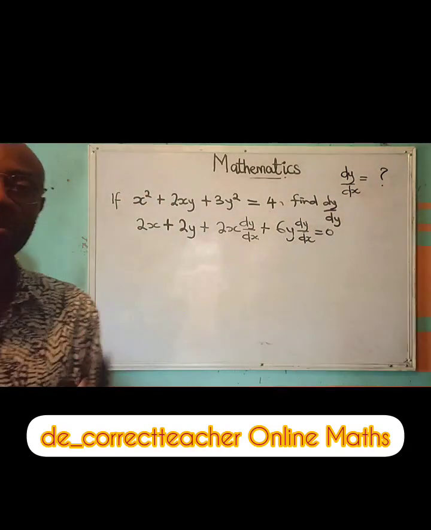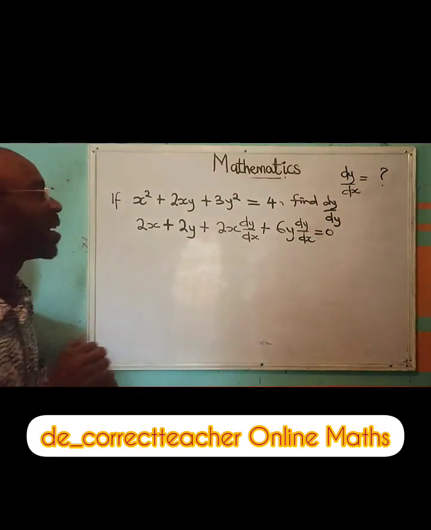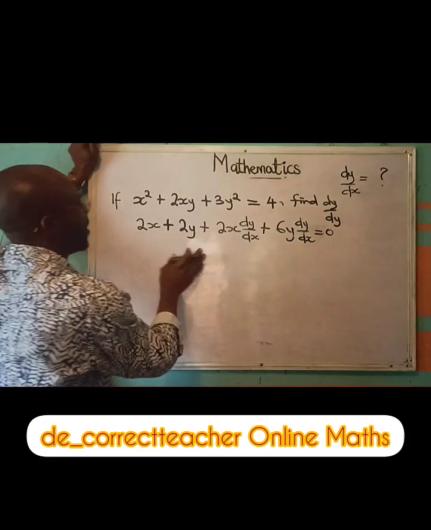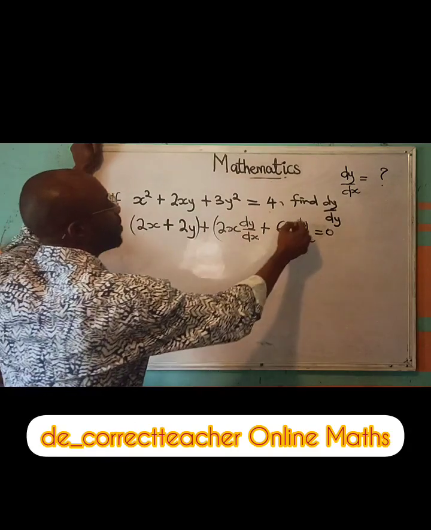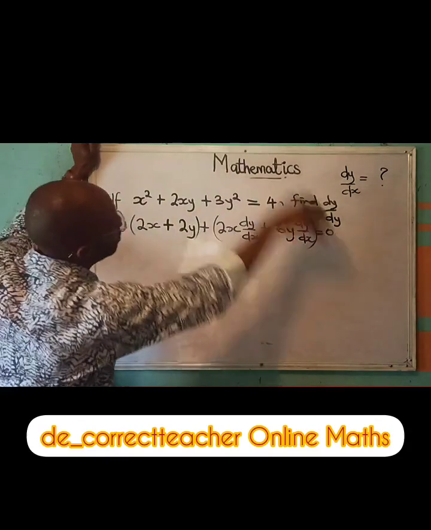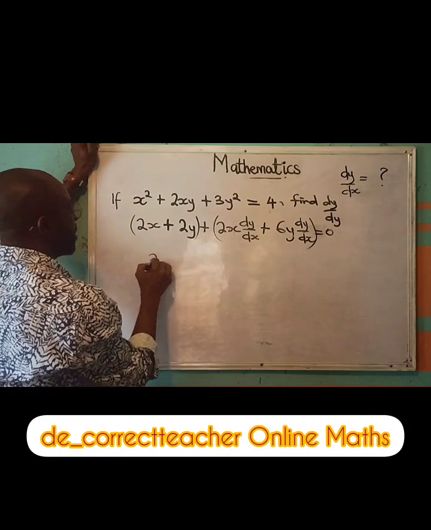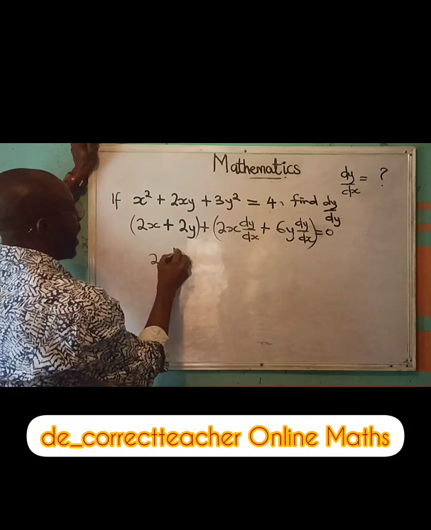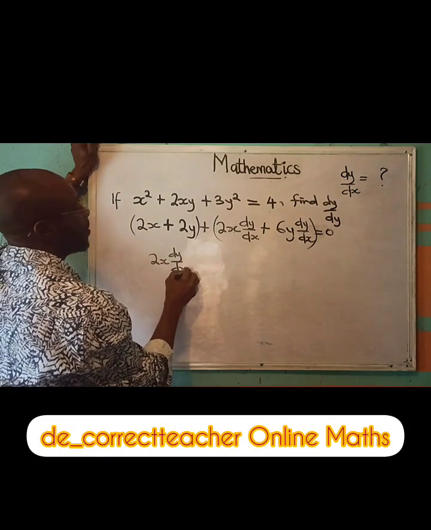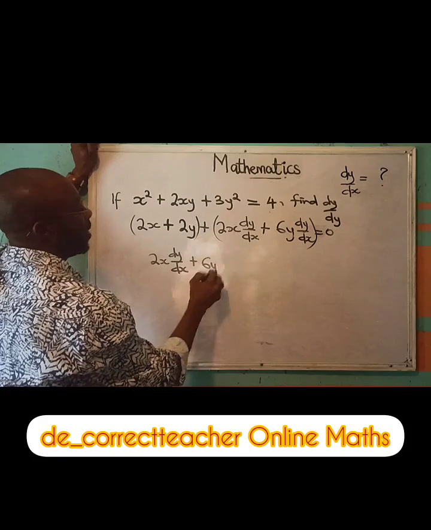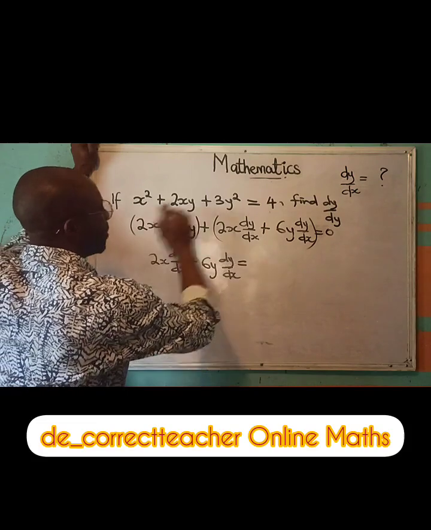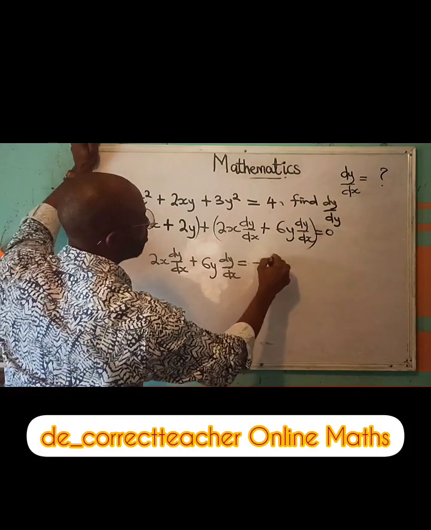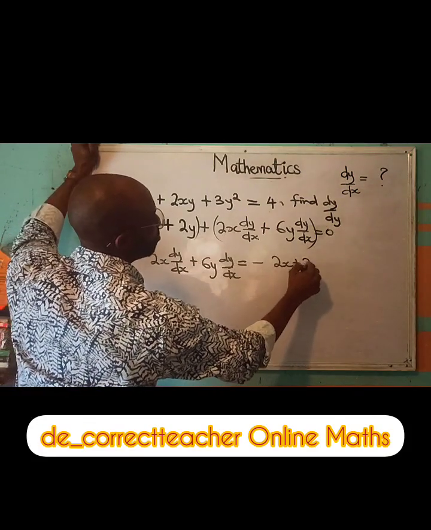Now what we need to do is to collect like terms. Of course, these two are together, these ones they are together. So I can simply put a bracket in this case so that I can move this one the other way around. So I'll retain my 2x dy over dx plus 6y dy over dx equals, if this is going the other way, minus 2x plus 2y.